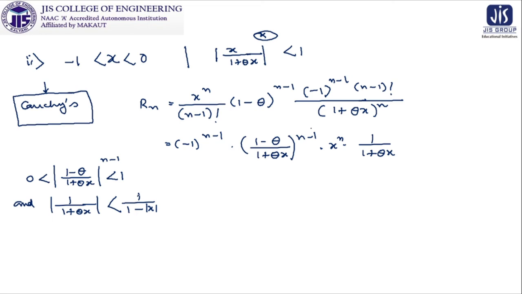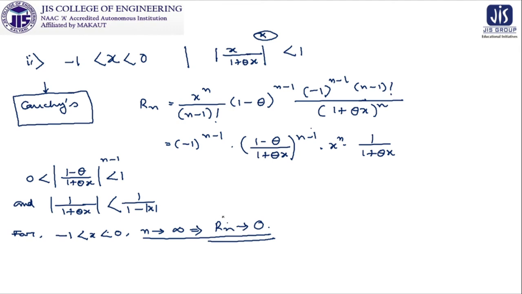Okay. So for this particular range, minus 1 less than x less than 0, we are now getting n tends to infinity implies Rn tends to 0. Again we reach the required thing so that we can proceed further.